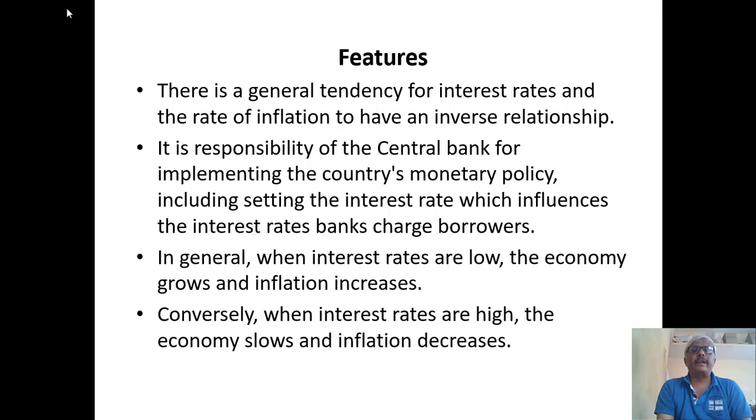As investment activities slow down, production will slow down, employment will go down, and as a result, in an economic system, there is less purchasing power in the hands of individuals. The inflation decreases. This is the tendency, the relationship between rate of interest and inflation, which will take place in the system.